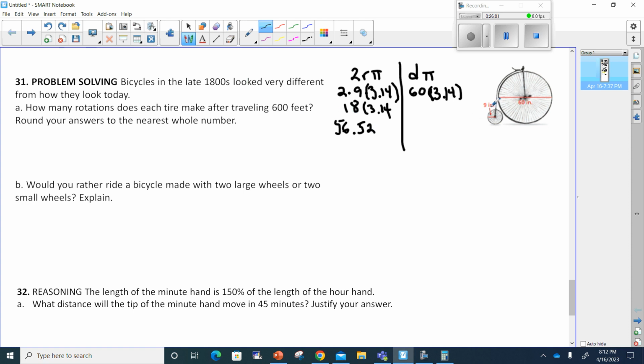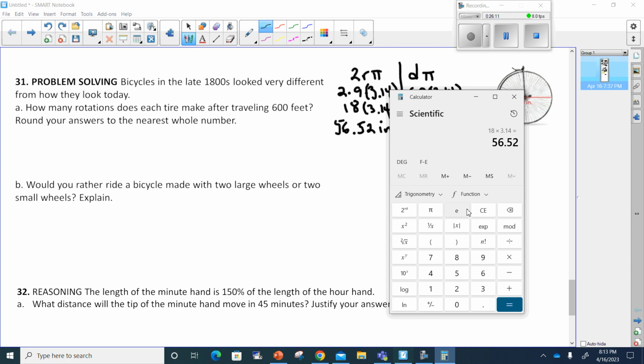And remember, this is inches, right? All right, now over here we have 60 times 3.14. That's going to give us 188.4.